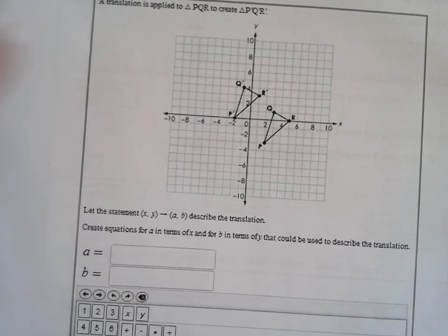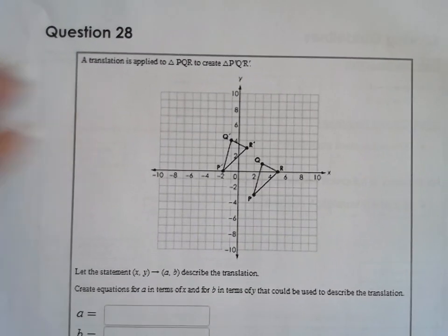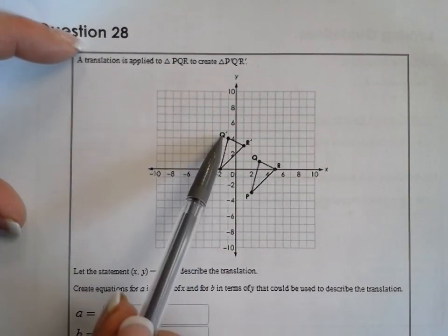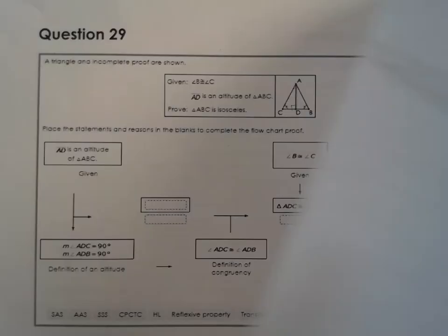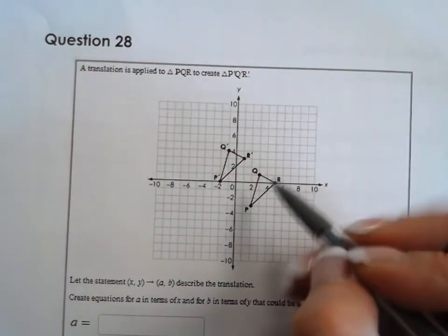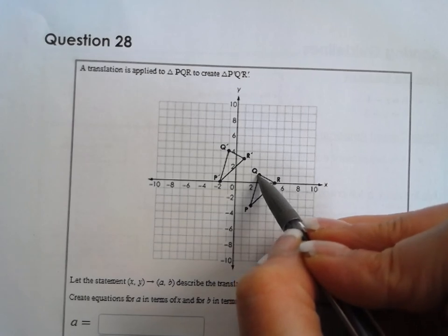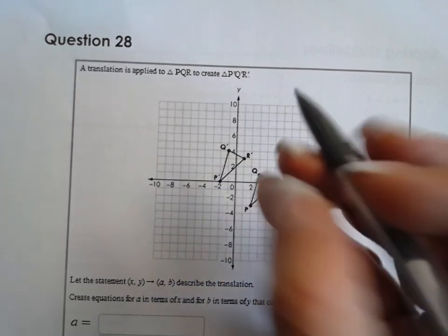28. We have a translation. Create equations for A in terms of x and B to describe the translation. What did they do? They moved it down. Okay, let's talk about A is my x. So what did my x do?